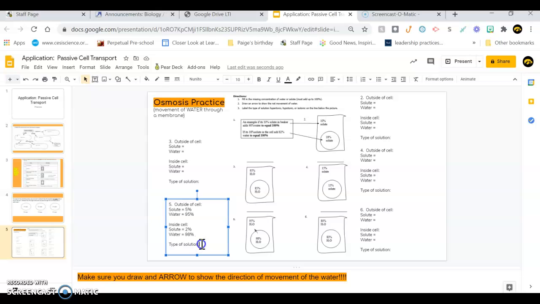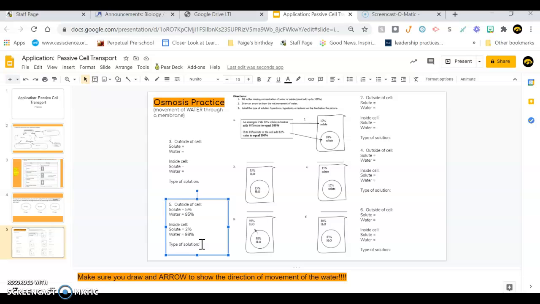Finally, you're going to tell me what kind of solution it is. So the solutions we've been looking at are hypo, iso, and hyper tonic. So hypotonic, isotonic, and hypertonic. Hypotonic, and remember in class I said hypotonic, meaning that the O is getting bigger.